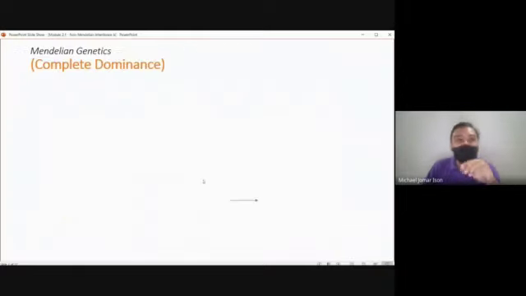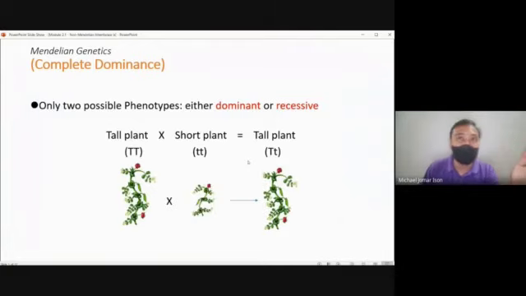So let's look at this one again. When we say Mendelian genetics or Mendelian inheritance, we are actually looking at complete dominance, the first of Mendel's laws or principles. As we have already mentioned, there are only two possible phenotypes: either the dominant or the recessive. For example, the tall plant is homozygous dominant and the short plant is homozygous recessive.